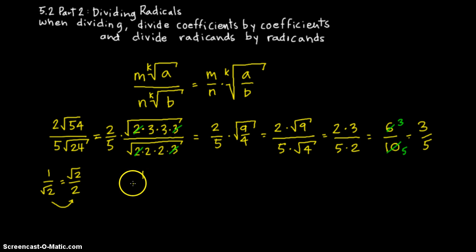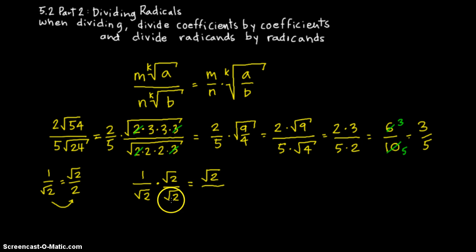Well, we took a 1 over square root 2 and we multiplied by 1. But it wasn't just any old 1. It was a square root 2 over square root 2. And that is just 1. That's any number divided by itself is 1. But we've done it in order to basically get rid of the square root at the bottom. Because what happens there? We get 1 times square root 2 at the top. Fine.